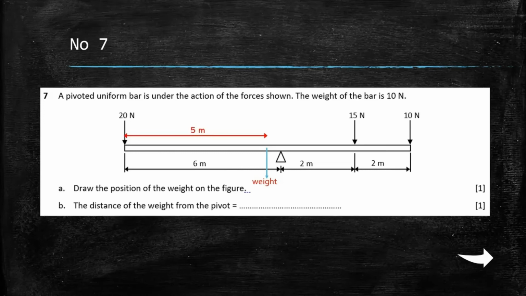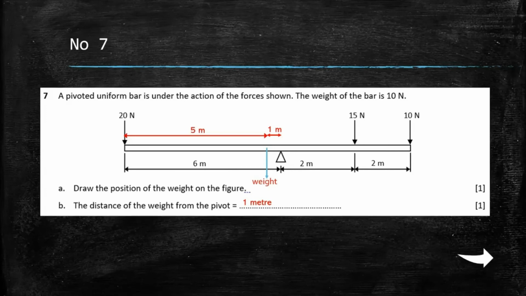The distance of the pivot from the left end is 6 meters. So, the distance of the weight from the pivot is 1 meter, because 5 plus 1 equal to 6 meter. So that's the answer for number 7b, 1 meter.